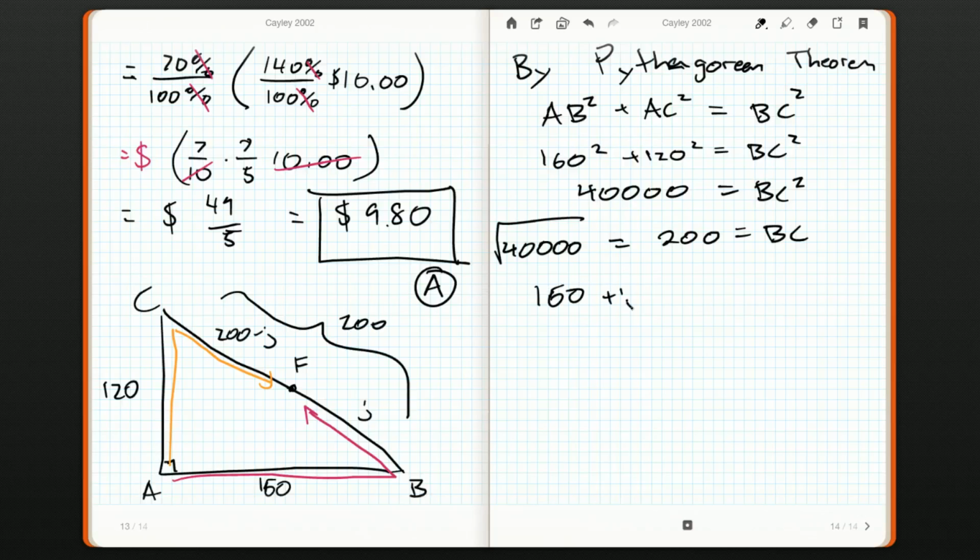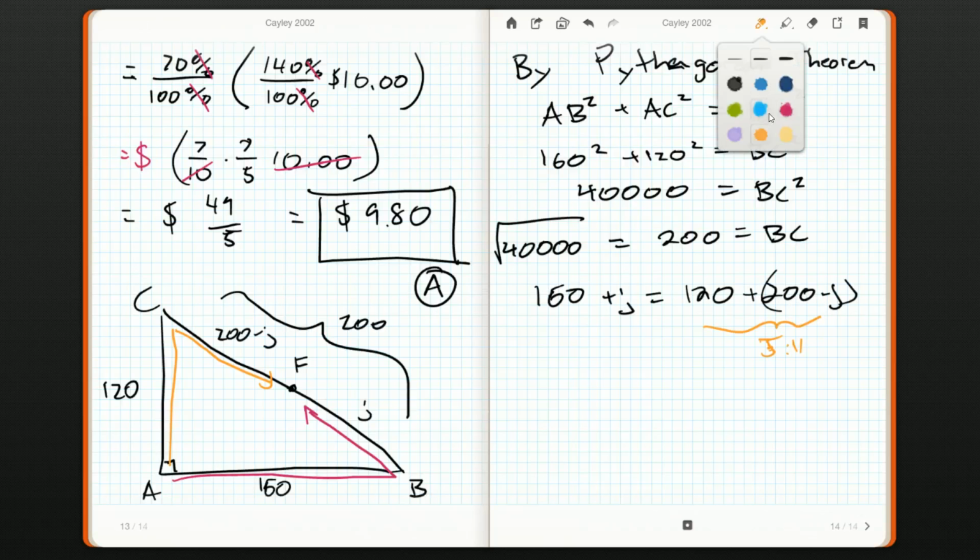Jack does 160 plus J, and Jill runs 120 plus 200 minus J. So now I have one equation in one unknown. This is what Jill does, and this here is what Jack does. The only variable I have is F to B, and that's exactly what I was asked for, so I just need to solve for J.